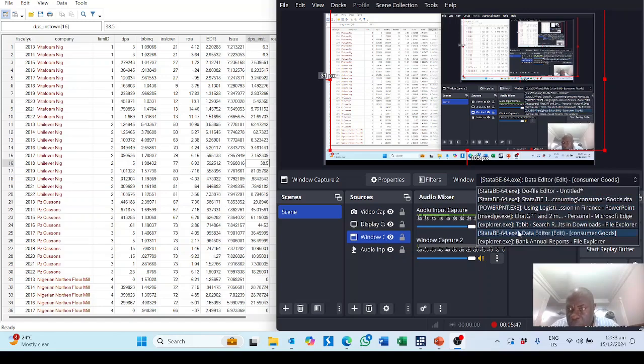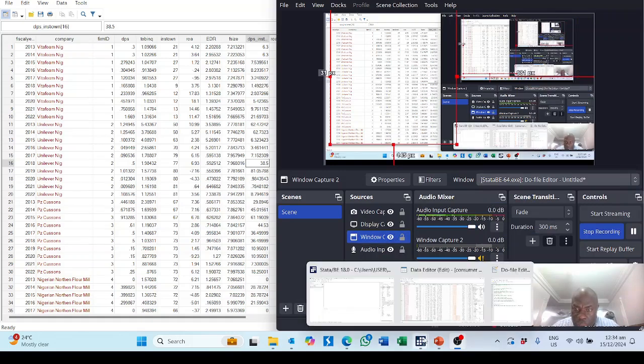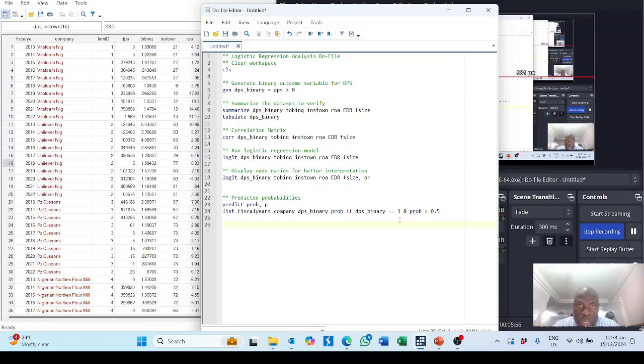Let me quickly explain the do file that I've already created, so that we'll know what we are doing. Yes, these are the command lines that I've generated in Stata. Logistic regression analysis do file. The first instruction there is just to clear the screen, and the one on line 6 is what I explained earlier.